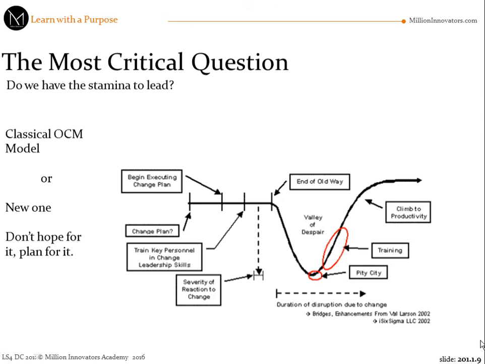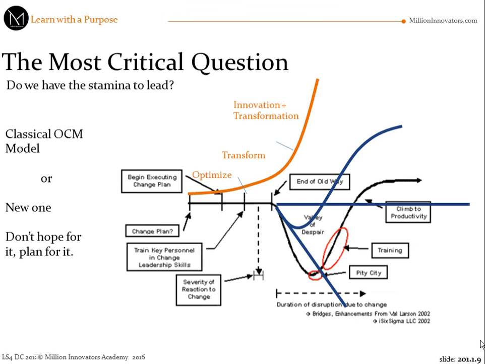Of course, to implement any change, we can take a very classical approach. We go along, we implement, we face a valley of despair, and we come out of it. Or we can take a new approach. You don't have to abandon the current one, we'll augment it. Looking at the classical organizational change management approach, we can get the outcome highlighted by the blue lines.